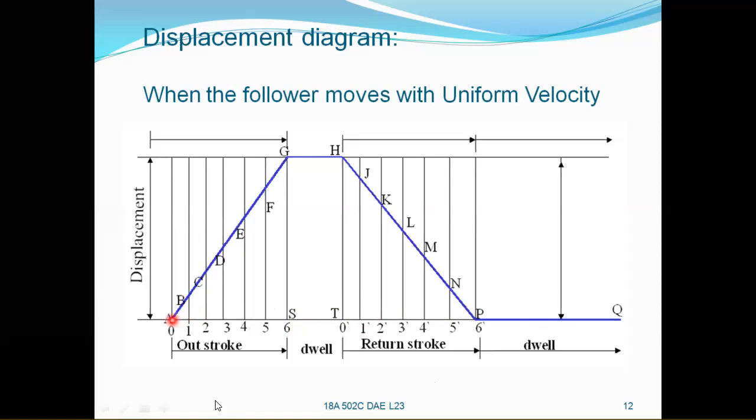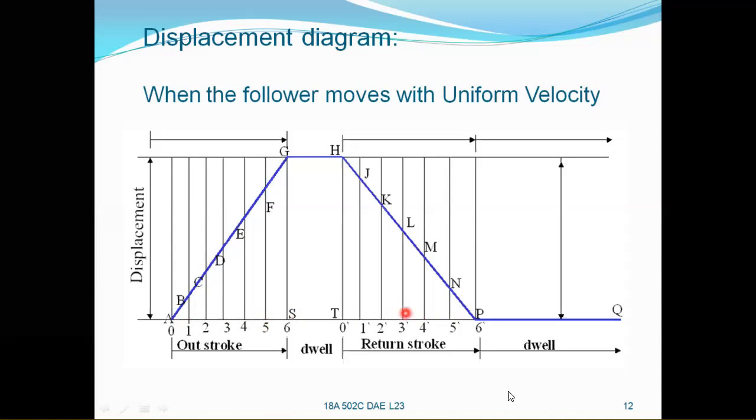Divide AS, the outstroke, as well as TP, the return stroke, into an even number of equal parts. If you want to divide one into 4 equal parts, TP should also be divided into 4 equal parts. If you want 6 parts, divide both into 6 parts.